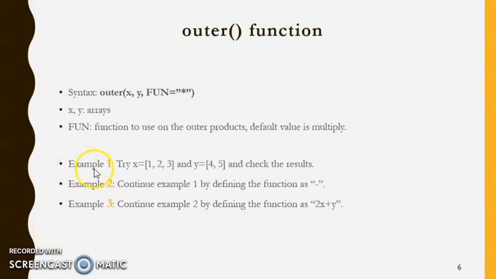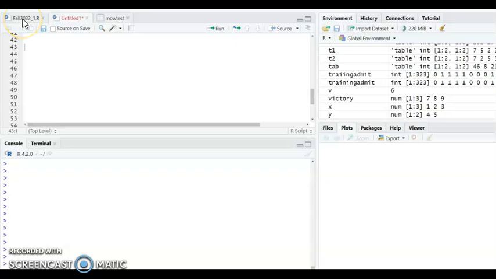We start with example 1, and it says x is 1, 2, 3, and y is 4 and 5. You see both of them are vectors, arrays, and let's do it. Here we first create vector x according to the values over there, 1, 2, 3.